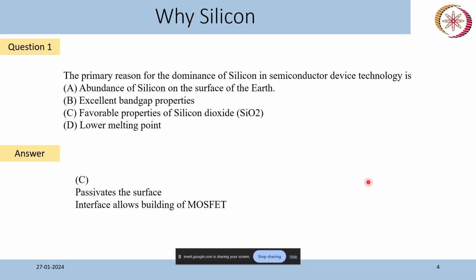And what about the band gap properties? Do you know what the band gap of silicon is, and what kind of band gap there is in silicon? What is the band gap of silicon at room temperature?